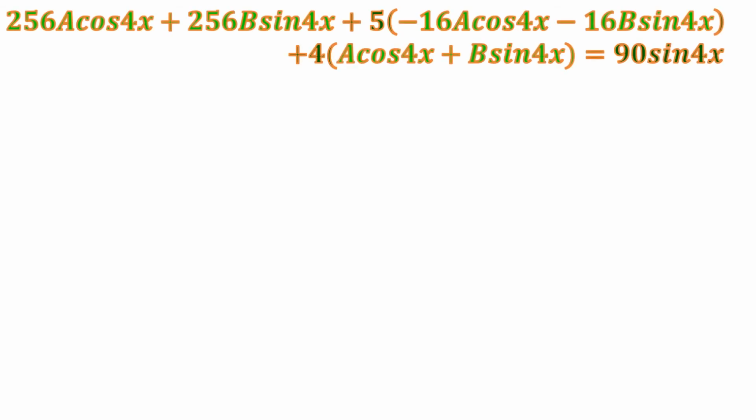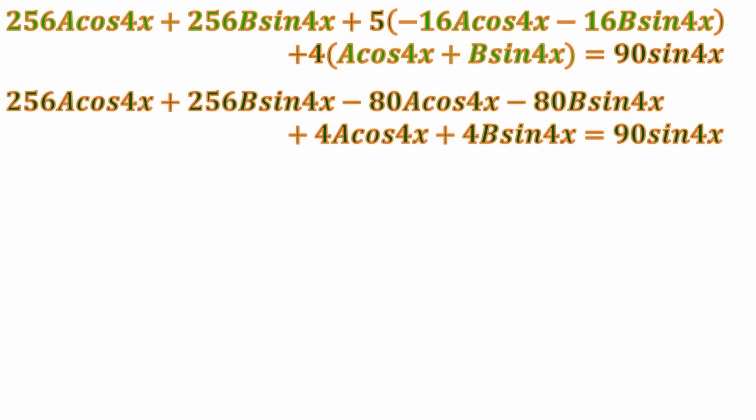And then we're gonna simplify this. Let's copy first because we don't have enough space, so we transfer it on top. And here you go. We distribute the 5 and the 4. So 5 times 16 is 80, and also for 4 we distribute. It becomes 4a and 4b.